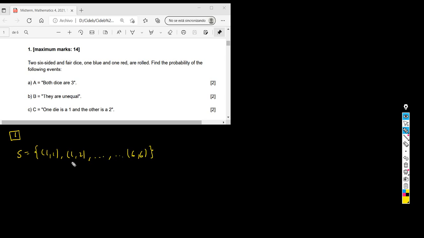We have gone through this so many times that I don't need to explain why this is the sample space for this experiment. And with the use of this, we can check each of the questions.